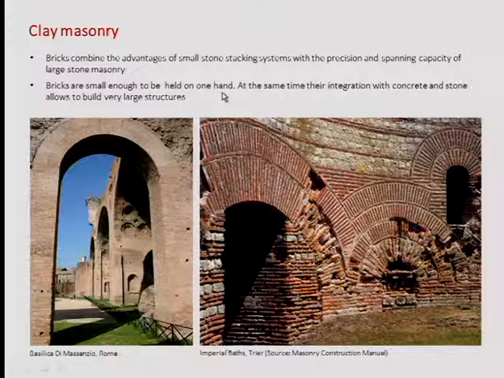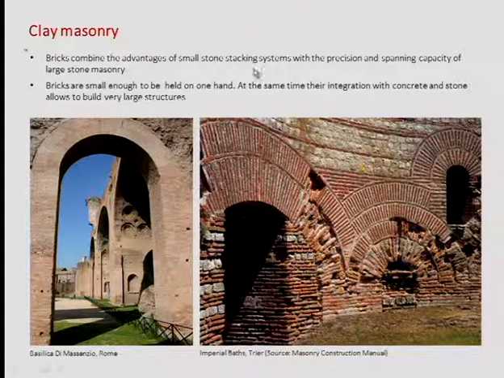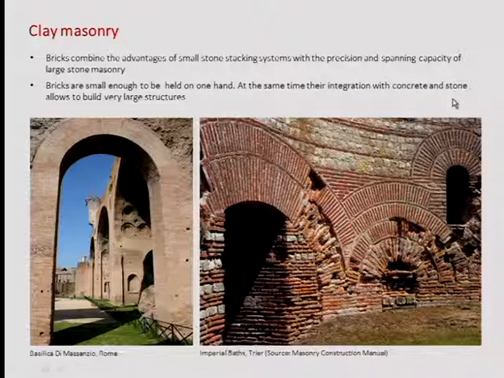You form them in the shape you like, so that you can keep the brick in one hand and have the other hand free to place the mortar, so that you can work with both hands. At the same time, small bricks combine well with concrete and stones, and you can build very large structures out of very small units.